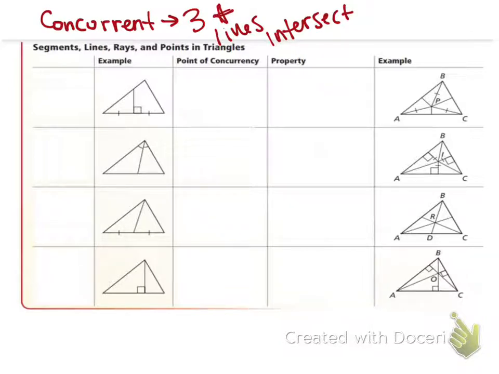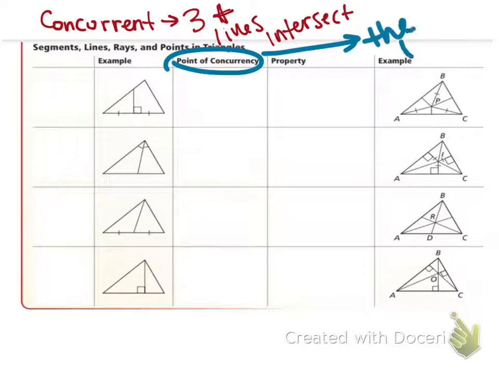A point of concurrency is where the lines intersect. Sorry, I wrote off the screen. So concurrent is where 3 or more lines intersect. The point of concurrency is where those lines intersect.